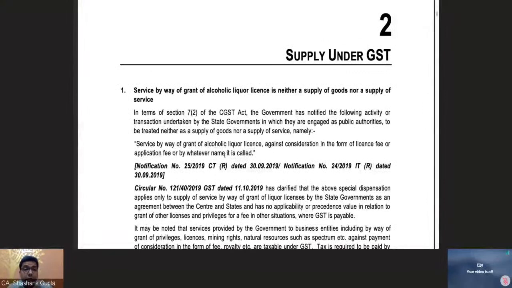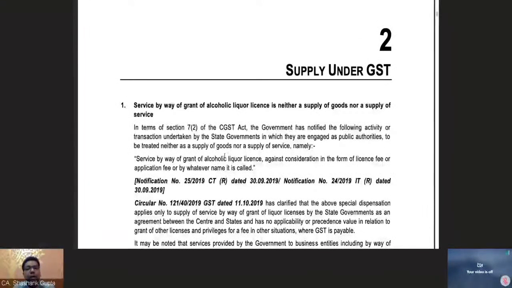So first is services by way of grant of alcoholic liquor license is neither a supply of goods nor a supply of service. Here the question was, since we already know that alcoholic liquor has been constitutionally kept out of the purview of GST, and alcoholic liquor is a state subject which is very strictly regulated, and no one can sell liquor unless they get a specific license from the state government.